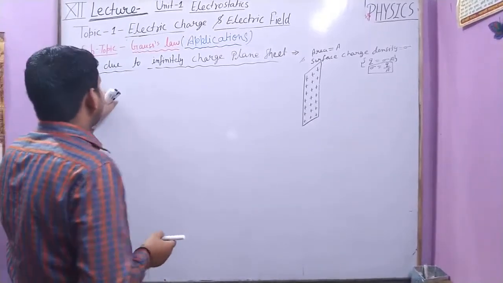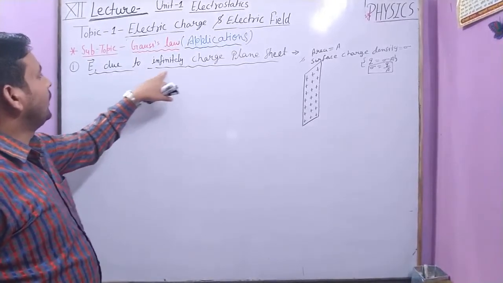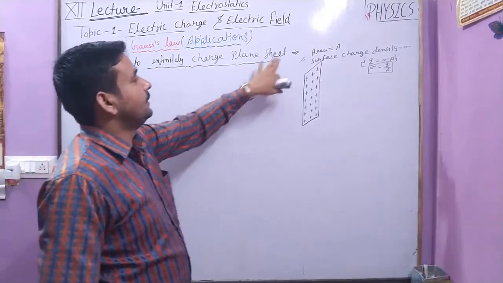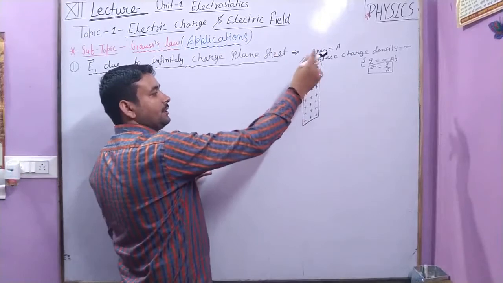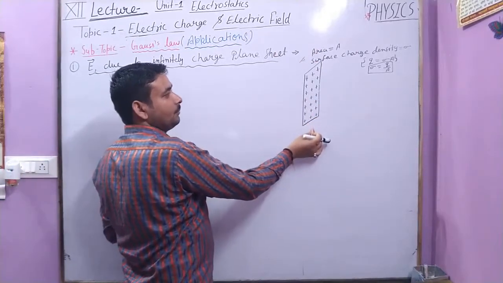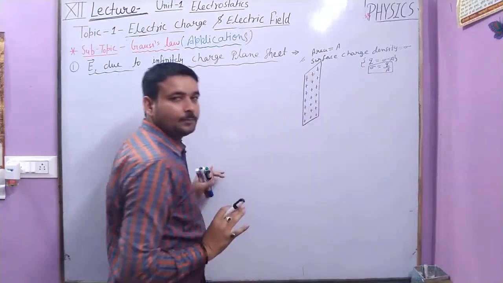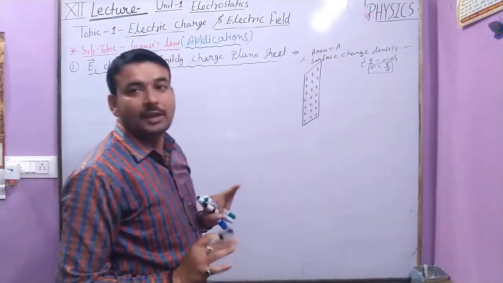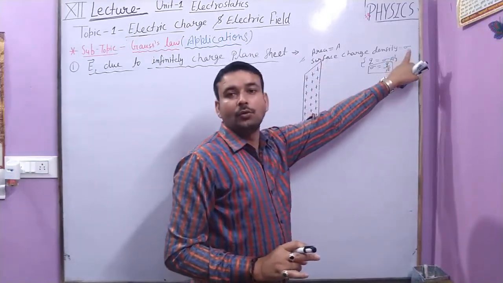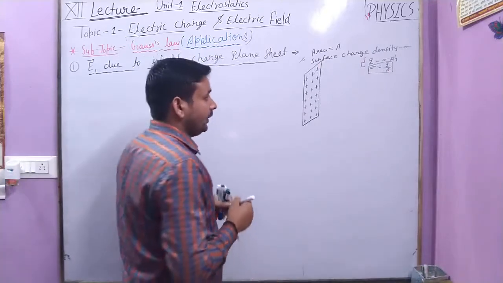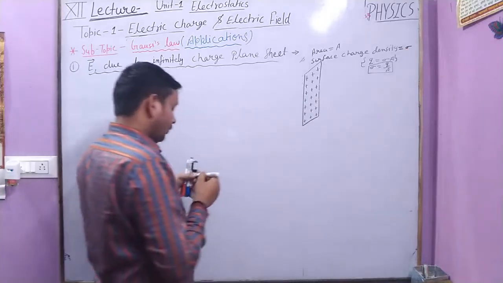Okay students, next application we have is electric field due to an infinitely charged plane sheet. We have a plane sheet which has equal charge distribution, and the charge Q is distributed over the surface of area A. The charge distribution is areal, so it is equal to sigma.